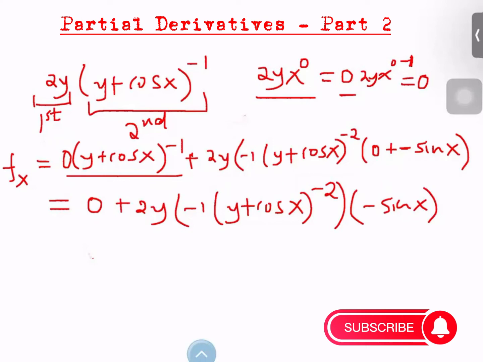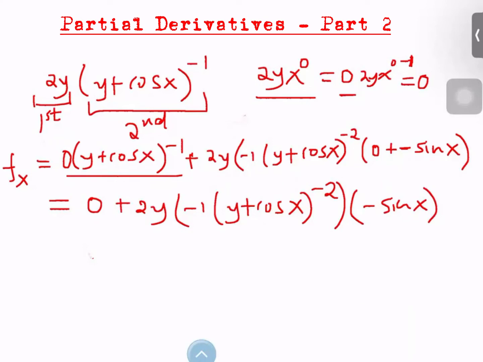All right, I want to change this to a positive power, because we have a -2, the power which is negative. I want to change that to +2, and the only way to do that is to make this a fraction.